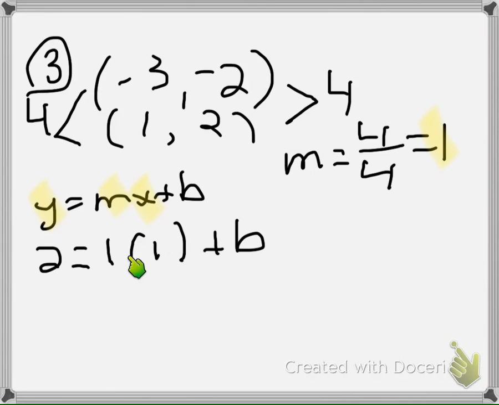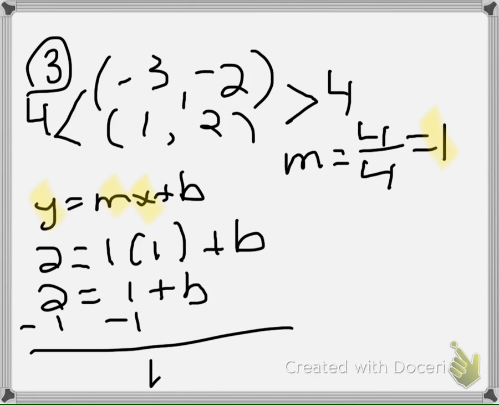What does this mean? Multiply. So 2 equals 1 plus b. To get the b by itself, I have to subtract 1 on both sides. B is equal to 1.